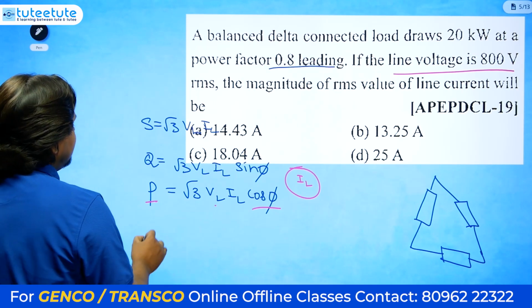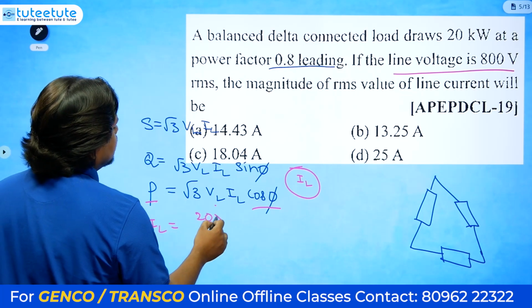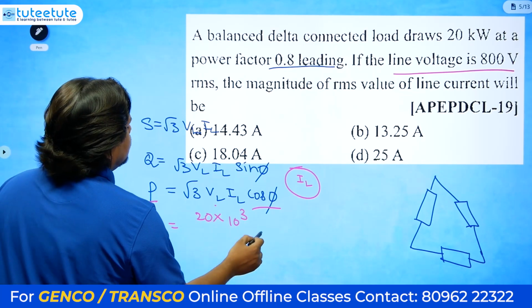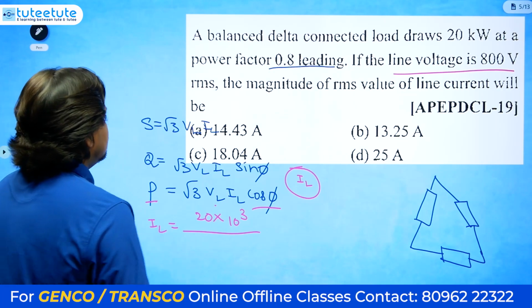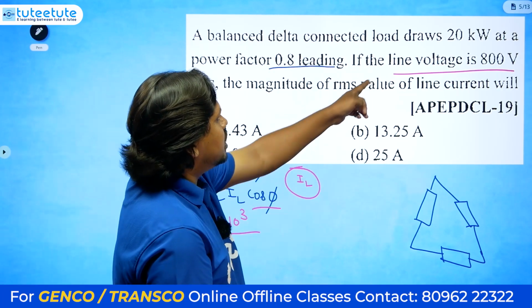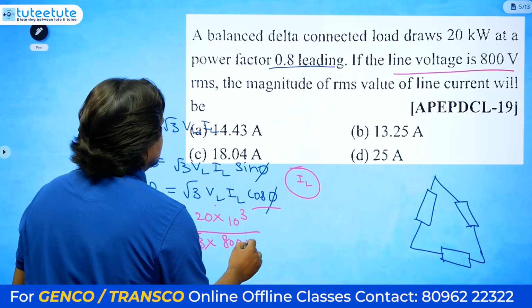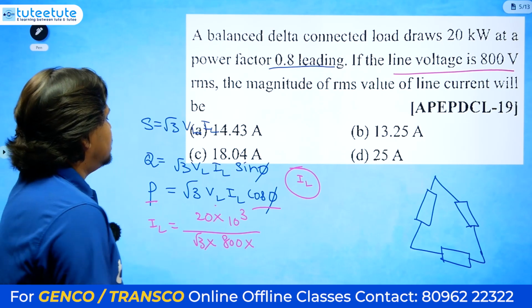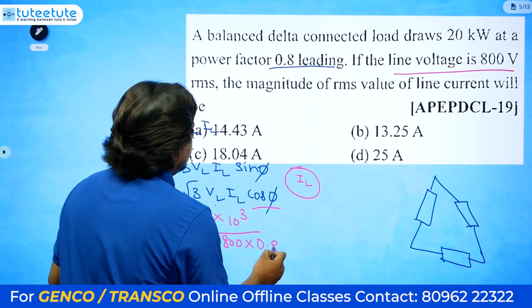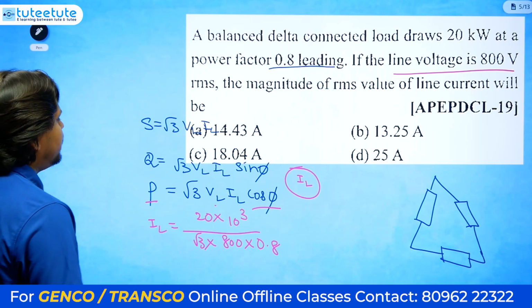So IL equals directly 20 kilo, kilo means 10 cube, divided by root 3 into the line voltage they have given, that is 800 volt, into the power factor 0.8.